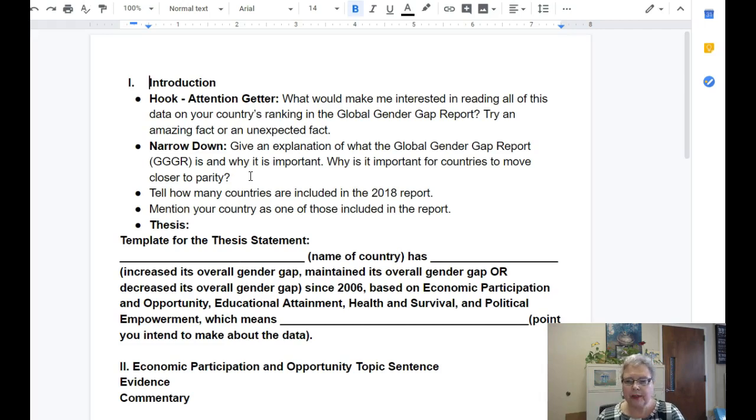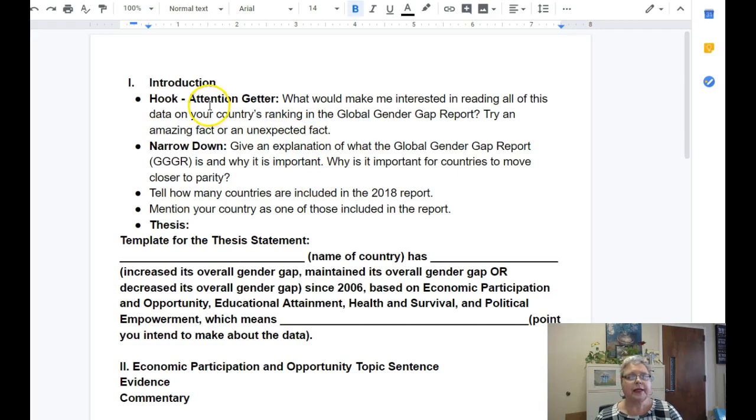So when we're talking about parity and disparity, or equality and inequality of the sexes, the Global Gender Gap Report still does a binary gender classification, male and female, and so you need to explain all of this to your reader, because your reader won't know either, because the reader has not read this report, has not talked about, like we talked about in Lean In, the importance of being at parity or at equality for men and women, because it provides a better society, a stronger economy, if everybody has an equal chance and opportunity.